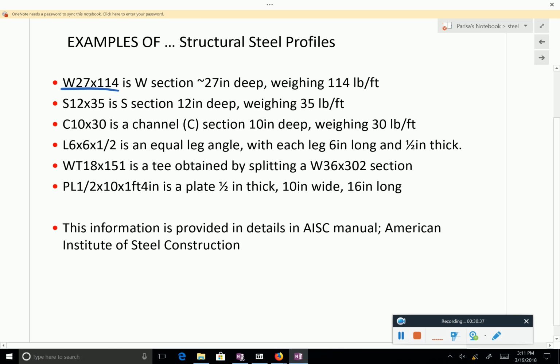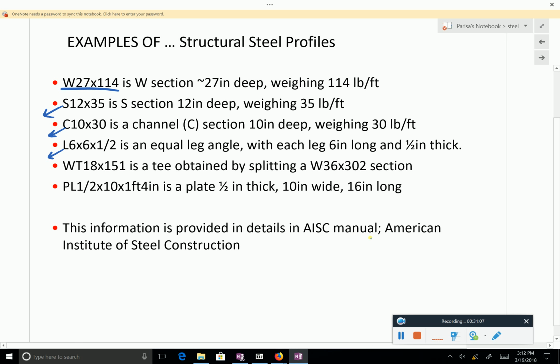And then there are other ones. I just put this here as some examples. When you go to your steel structure class, you may have seen one before. I upload the complete slides so you can have it. Don't worry if you haven't written down everything.